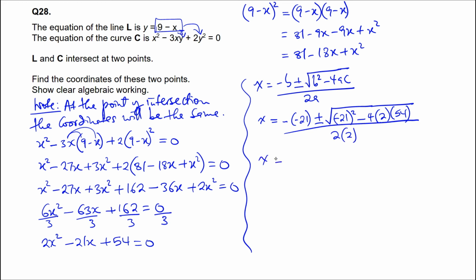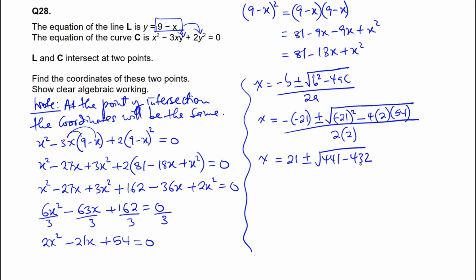So x will be equal to 21 plus minus square root of 441 minus 432 over 4. And this is the same as 21 plus minus square root of 9 over 4. So basically x will be equal to 21 plus minus 3 over 4.